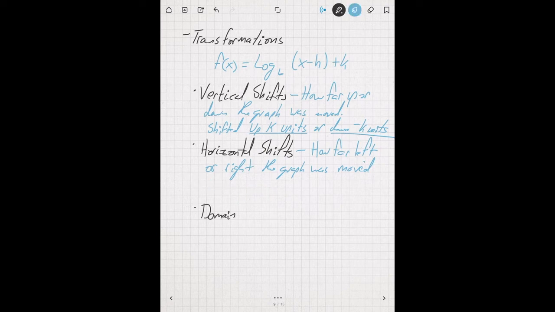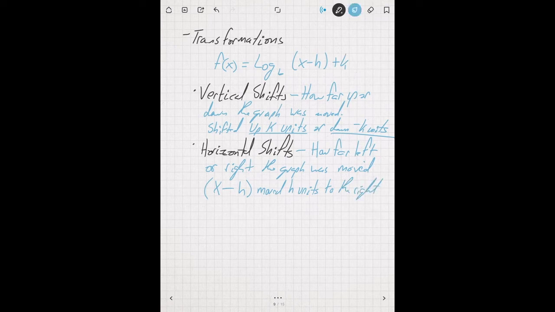So if I had x minus some positive h, that moved the graph h units to the right.